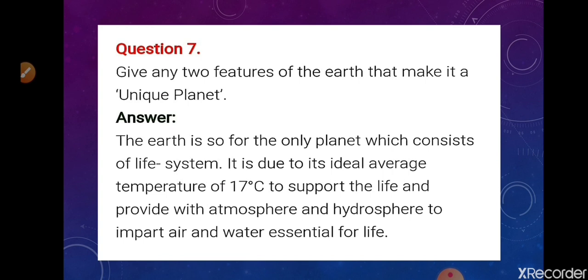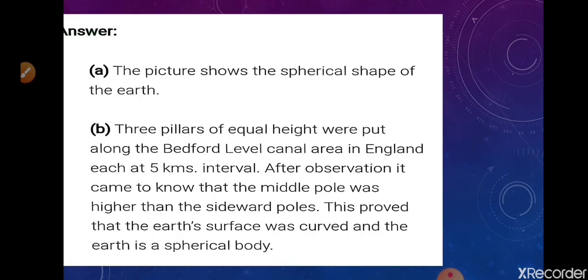The answer is the ideal temperature, 17 degree centigrade, and one more, the presence of atmosphere and hydrosphere. These are making earth a unique planet, because of these conditions only life is surviving on the earth. So these were the 7 questions in short answers. Now we are moving towards structured questions.